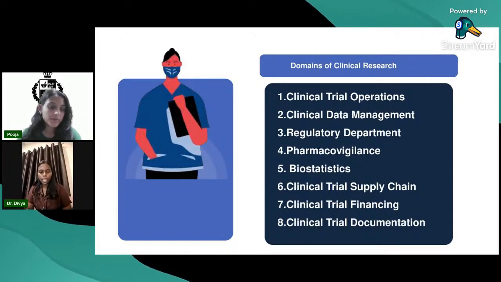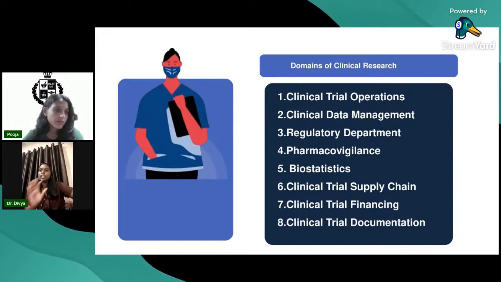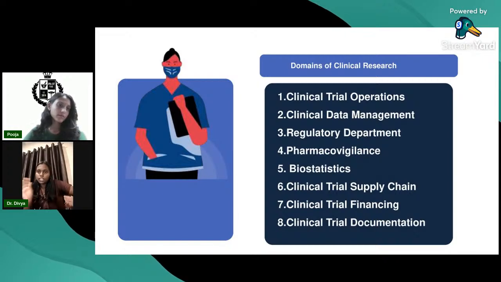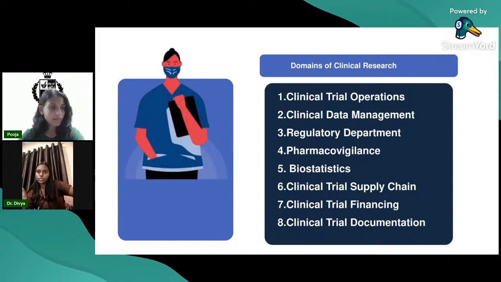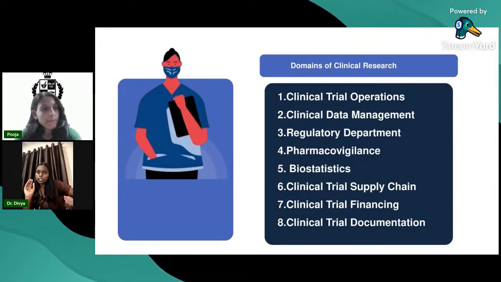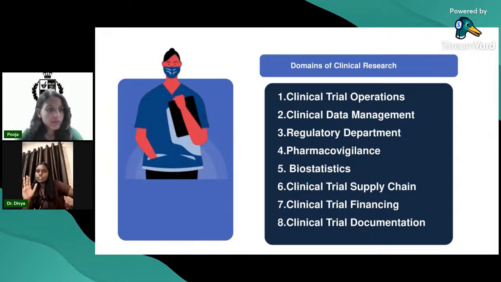For the conduct of a clinical trial, there are standards defined for everything: infrastructure, facilities given to the participant, what type of instrument should be used, and up to what standards. You need to get all those things done the way the guidelines mention. For that you need clinical trial supply chain people.